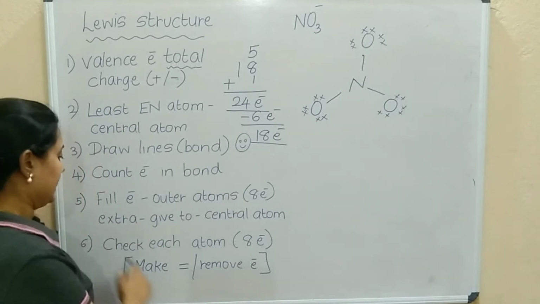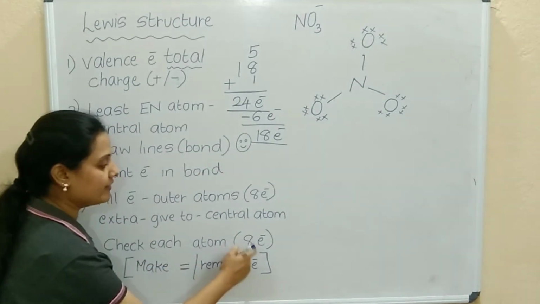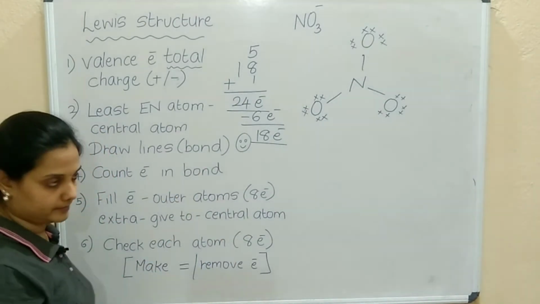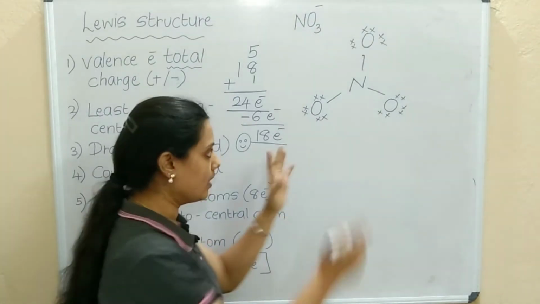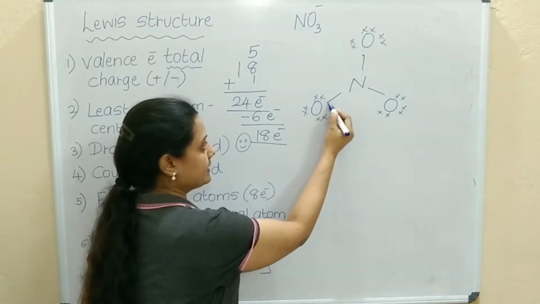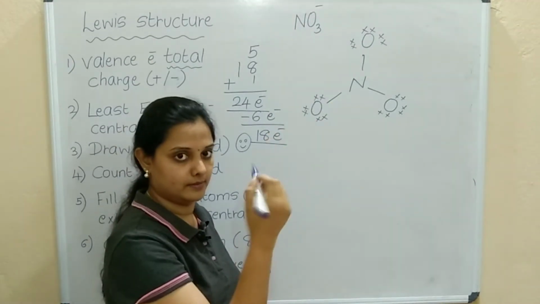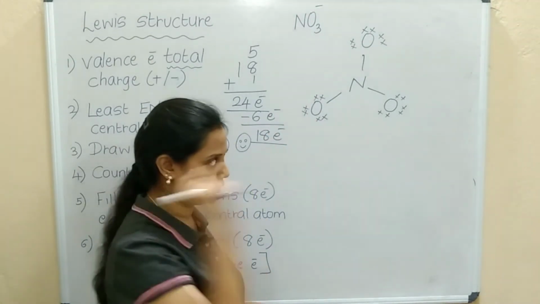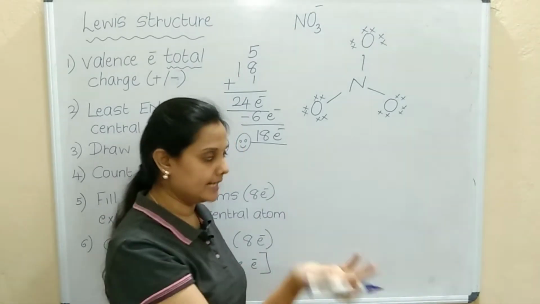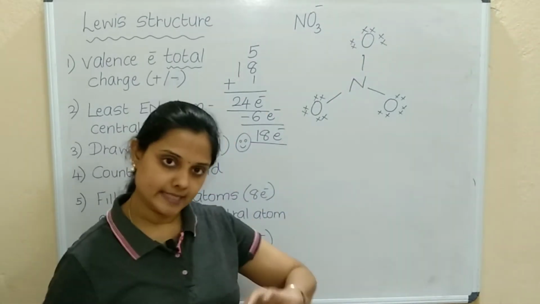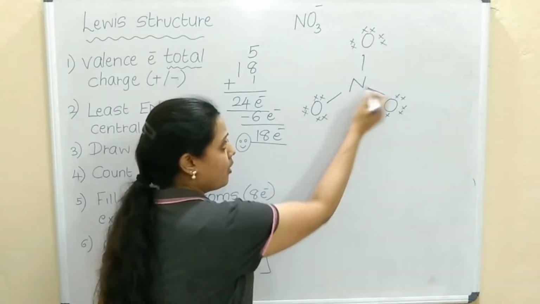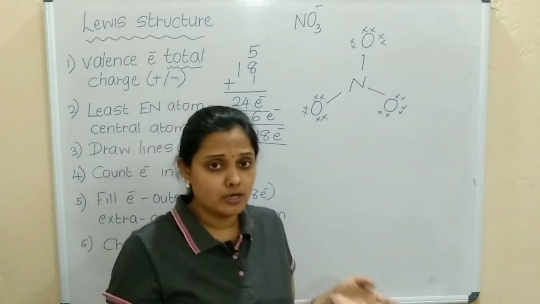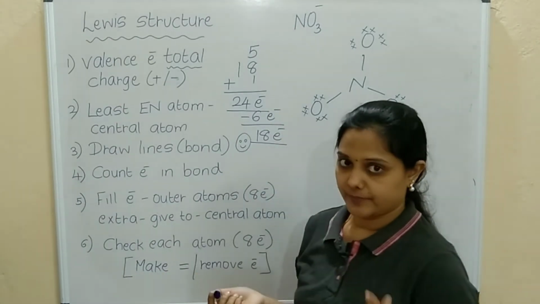Now check whether each atom has 8 electrons. This oxygen has 8, counting the bond electrons too. Same for the other oxygens. What about nitrogen? It has 6, because it is making only 3 bonds, which is 6 electrons.